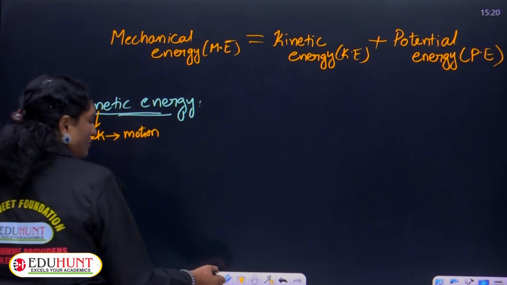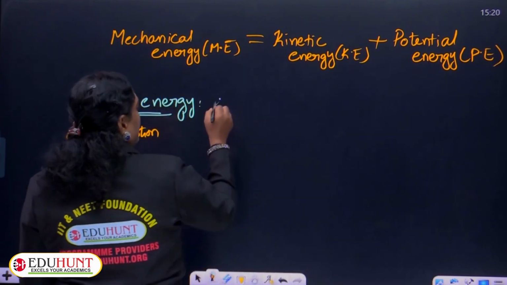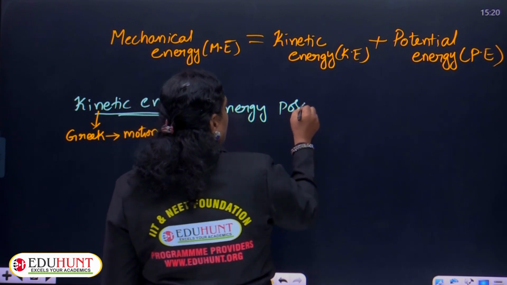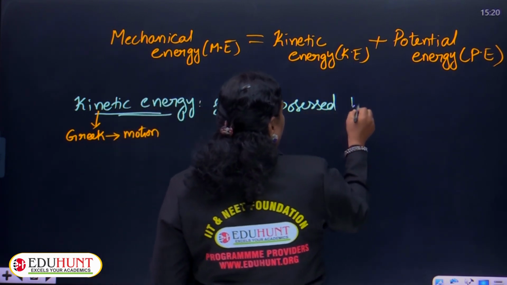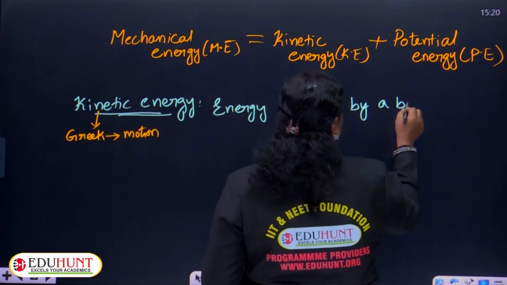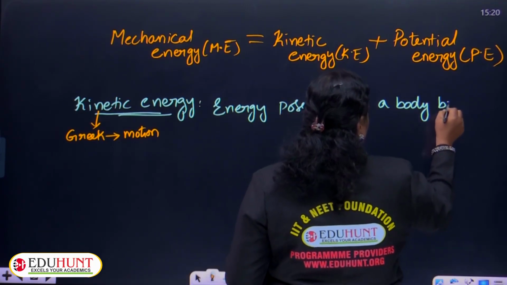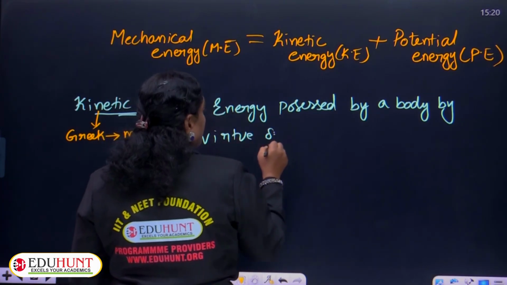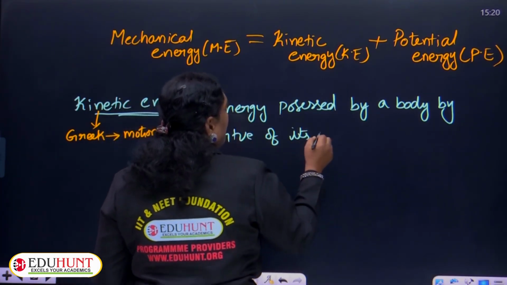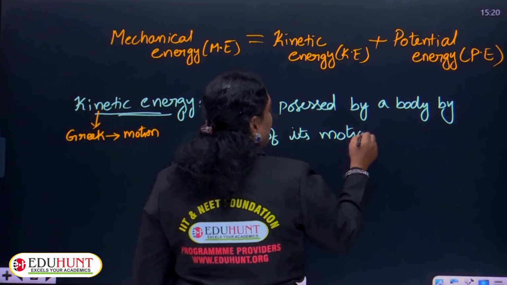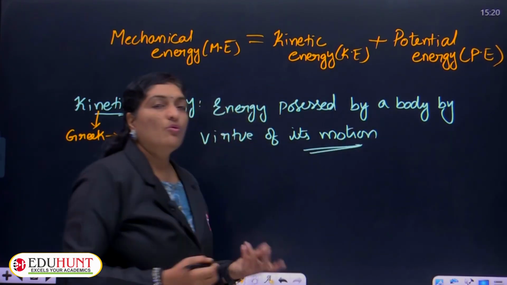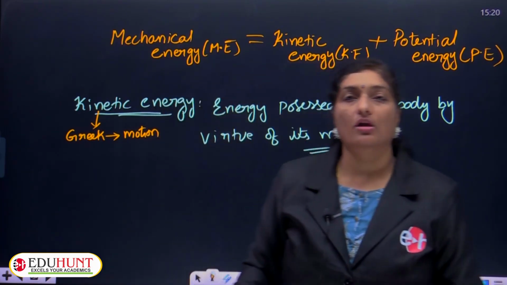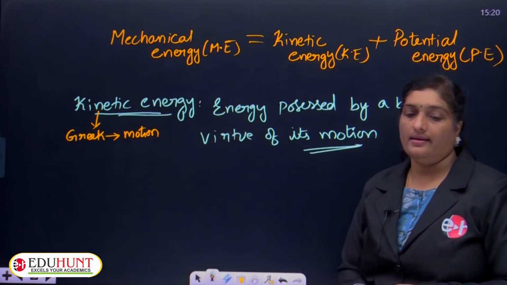Hence, the definition of kinetic energy can be written as: energy possessed by a body by virtue of its motion. That means any moving body, any body which is in motion, always possesses kinetic energy.